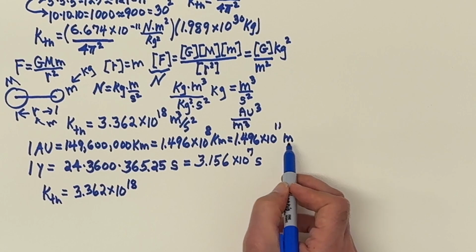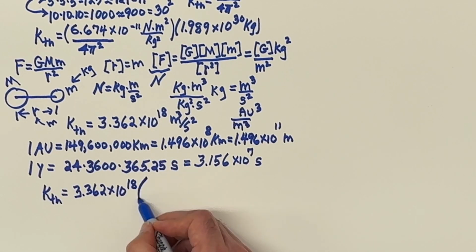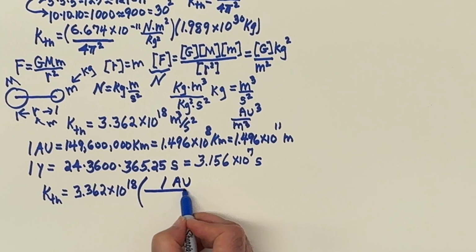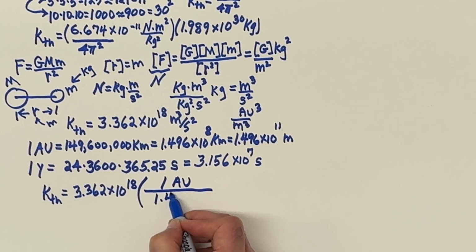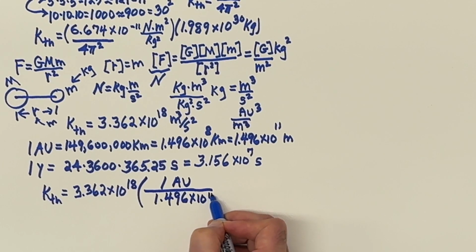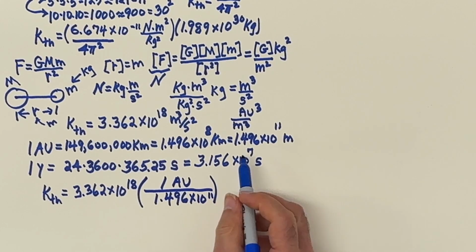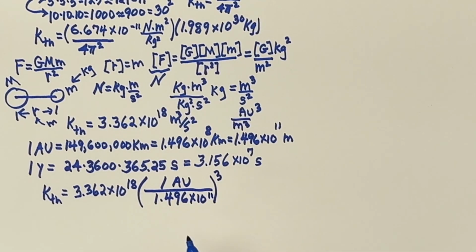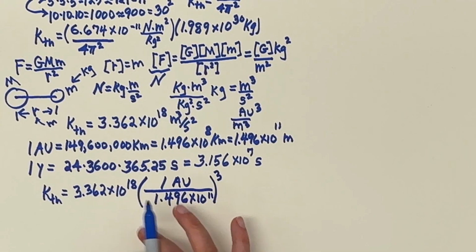So I have 1 meter equals that. So doing that, I have 1 AU divided by 1.496 times 10 to the 11th power, and that's going to be cubed. See, it's a big set of numbers here.